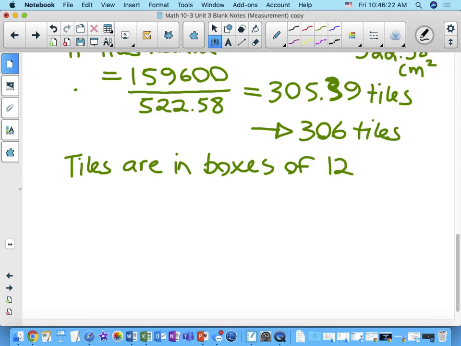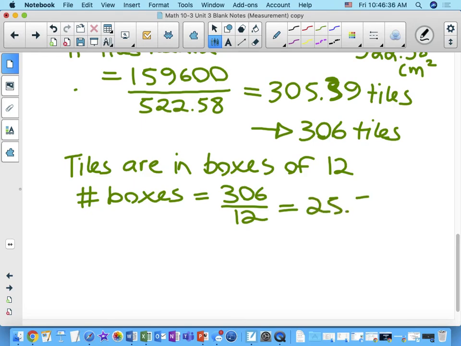Yeah, divide by 12. So the number of boxes is 306 divided by 12. Is that 25.5? Yeah, 25.5. Now we're told at the beginning that you can't buy part of a box. So here we need to buy 26 boxes.